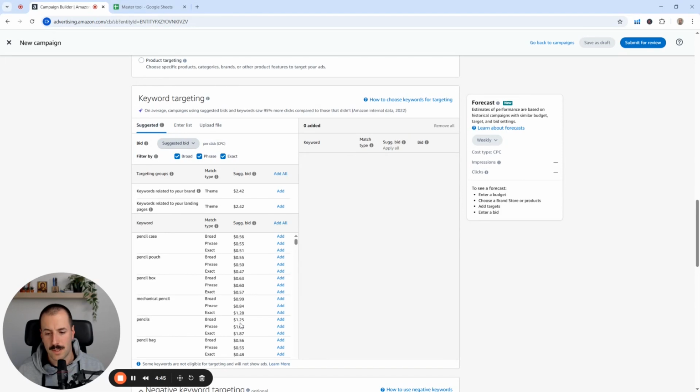Here for pencils, it makes sense to bid higher on broad, because if you do your proper negative keywords, then using the broad match type can be really valuable, because not many brands are actually using broad match type, and it's worth testing in every subcategory and every product type that you're selling.